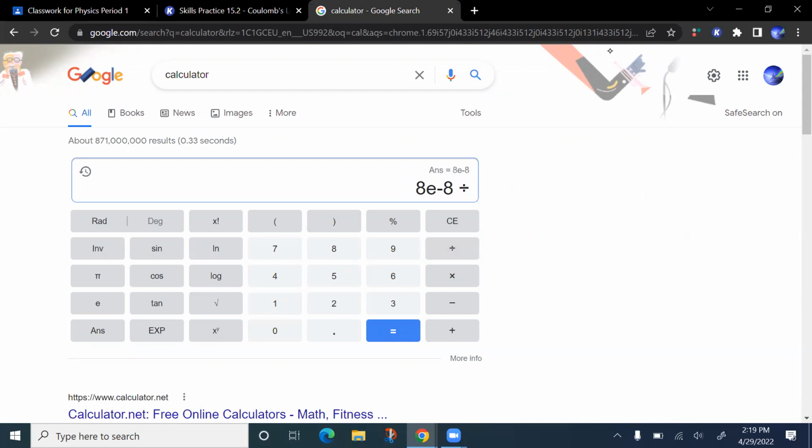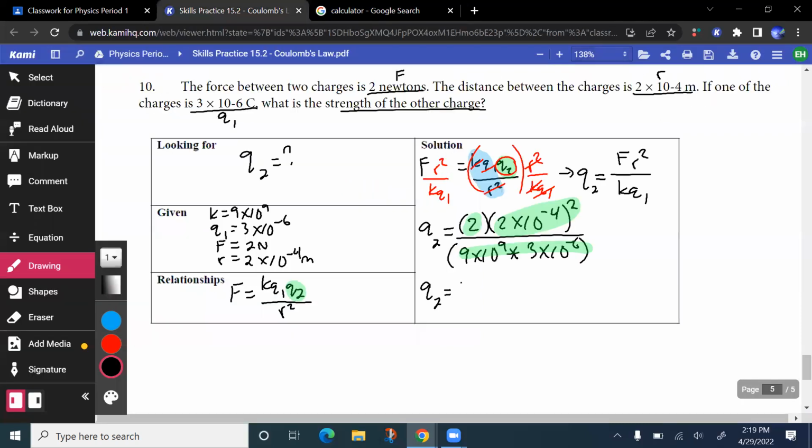We're going to divide that by, open parentheses, 9 times 10 to the 9 times 3 times 10 to the negative 6, close parentheses, equals 2.96 times 10 to the negative 12. Very small charge. 2.96 times 10 to the negative 12 coulombs.